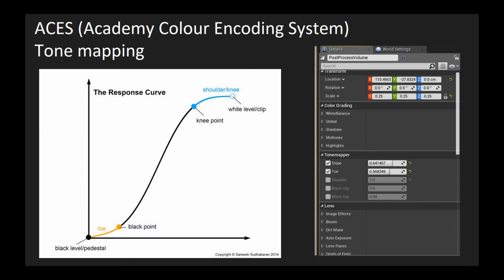So they came up with this, and it's already a couple of years old, and from what I understand, it's been in Unreal Engine for a couple of years, but under the hood, and it's been enabled by default since version 4.15.